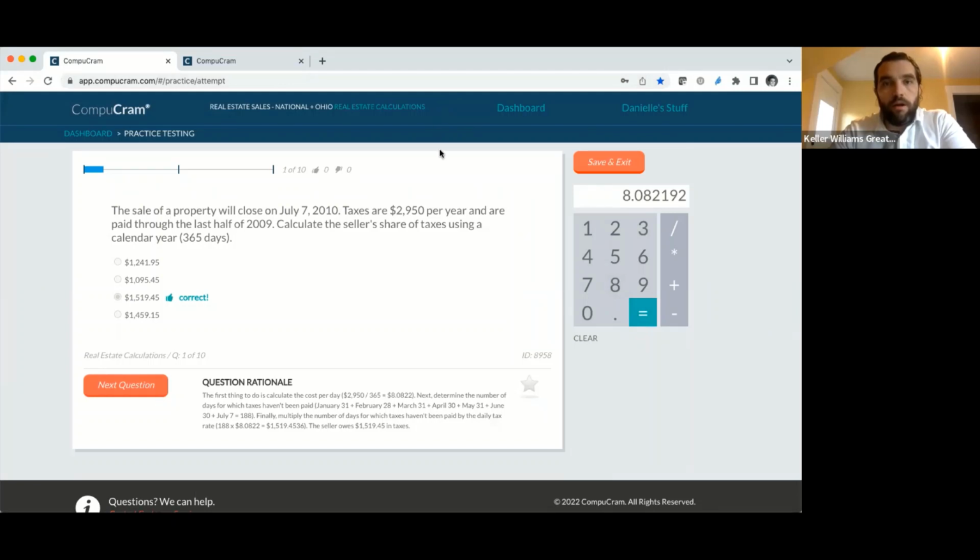Now every day that the seller owned the home up to and including the day of closing needs to be included here. So you're going to multiply that by the number of days that the seller lived in the house. All you do is count the days of the month. 31, 28, 31, 30, 31, 30 gets you through June.